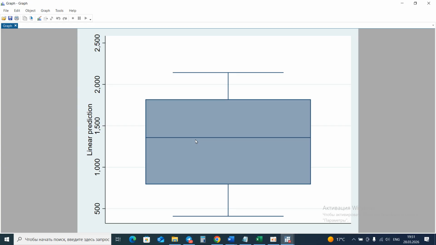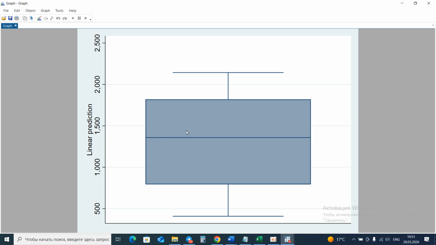ANOVA compares between-group variance and within-group variance.